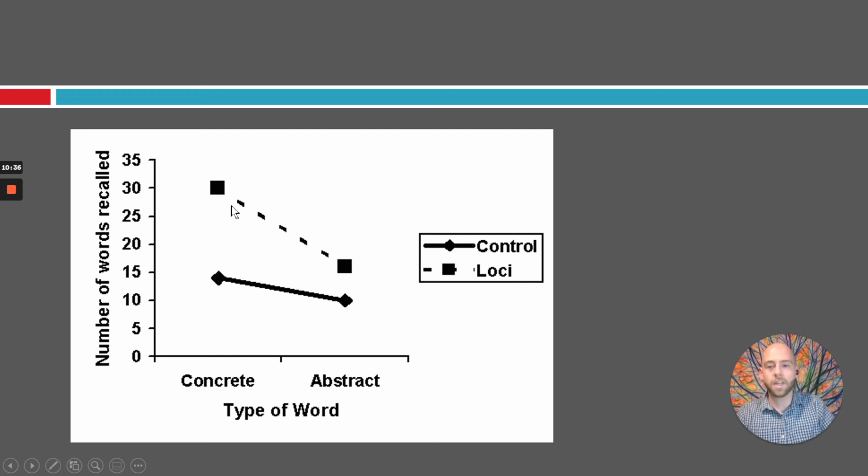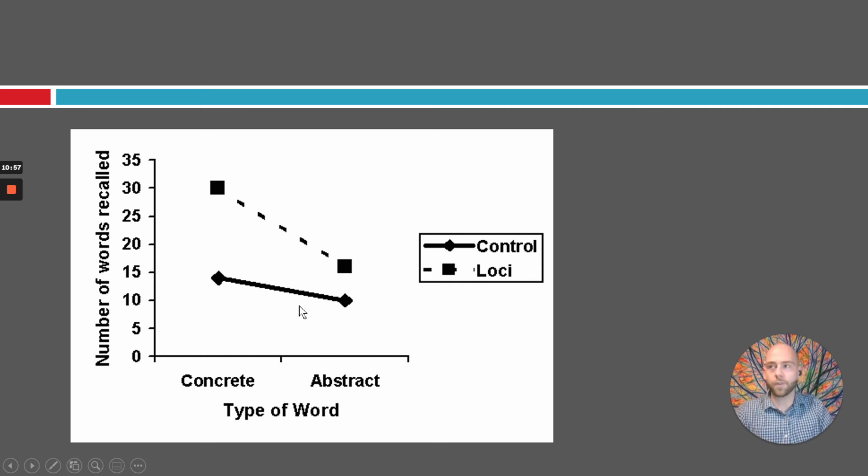So loci, the dotted line with concrete words, you remember 30 words versus 15 when you're not using that method. You might look at this and think, wow, the method of loci is an incredible mnemonic device that helps everybody all the time, right? Because you doubled the number of words basically that participants were remembering.